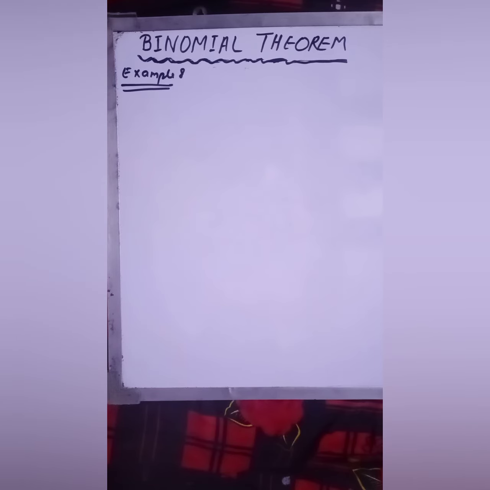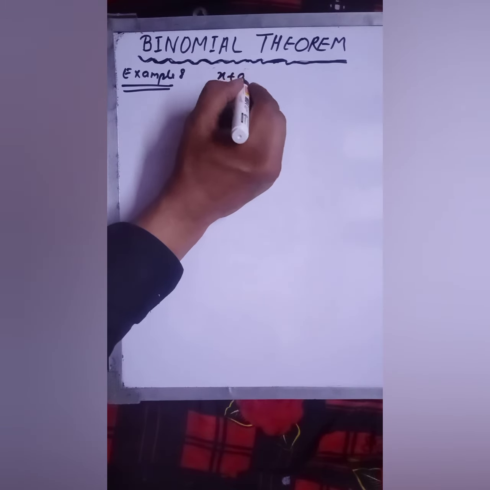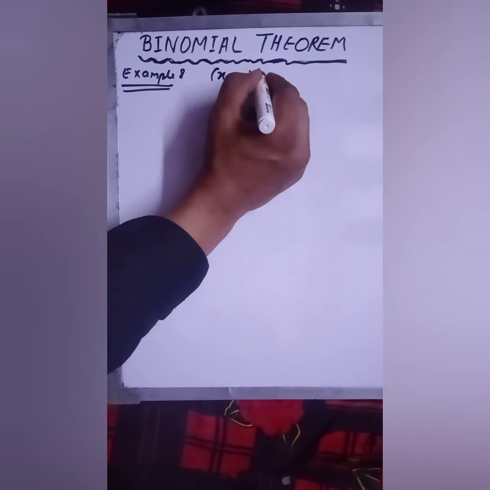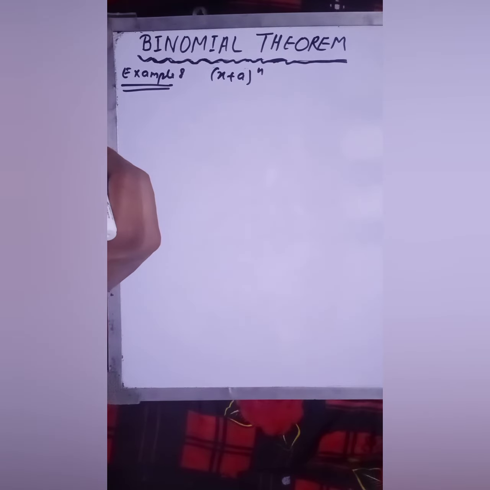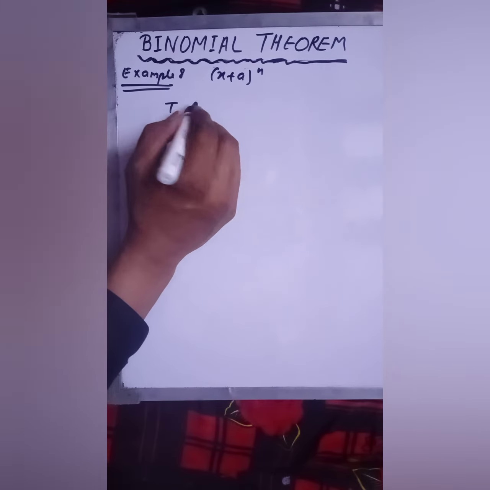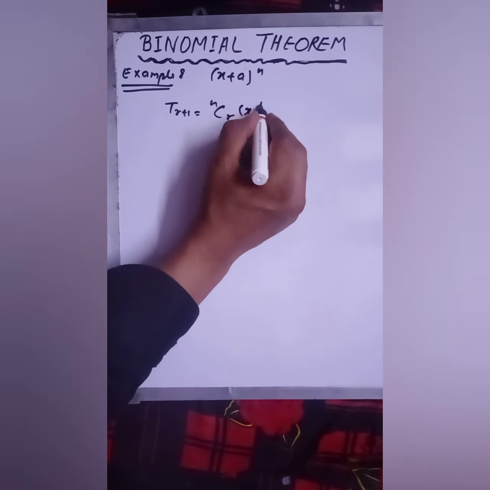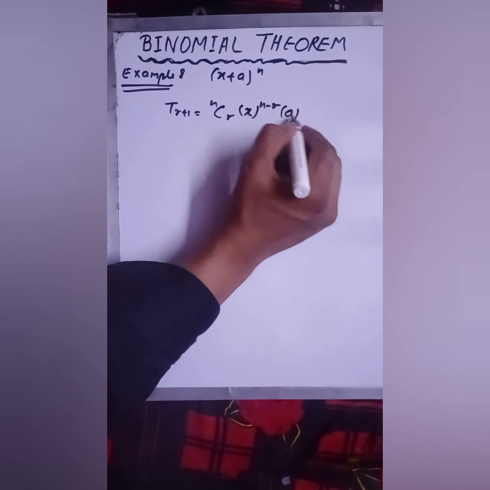The second, third and fourth term in the binomial expansion, that is given to us, (x plus a) whole raised to power n. In which the second, third and fourth term, second term means what? First of all I'm writing the general term, T(r plus 1) is equals to C(n, r) x raised to power n minus r, and a raised to power r only.